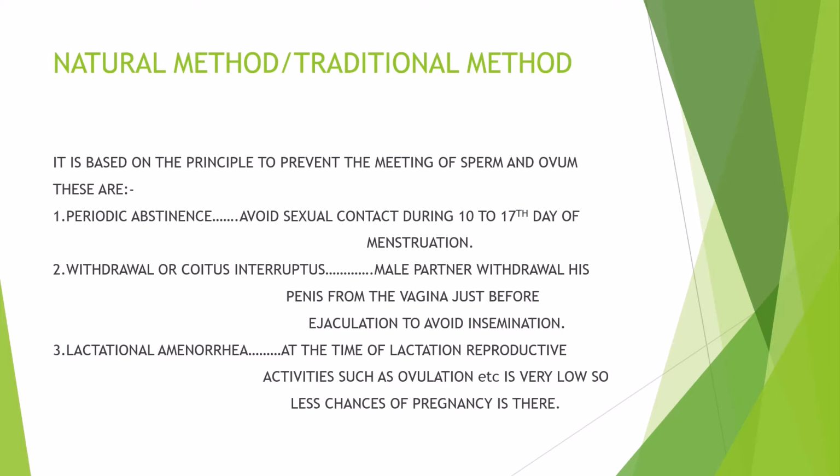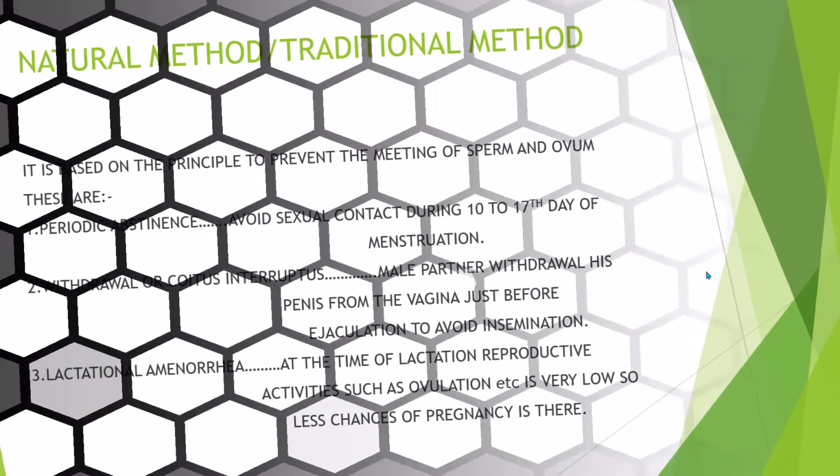During this period, the reproductive activities are a little slow or stop, and the chances of ovulation are very low. So lactational amenorrhea is actually a barrier to fertilization. It is not a hard and fast rule, but during this duration the chance of fertilization is very low. So all these are the traditional or natural methods.